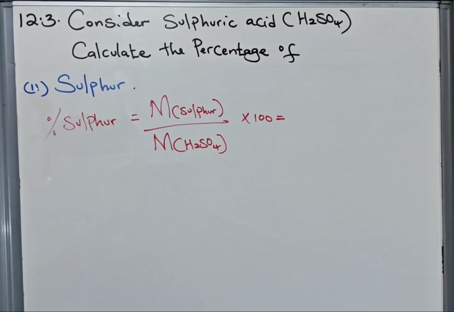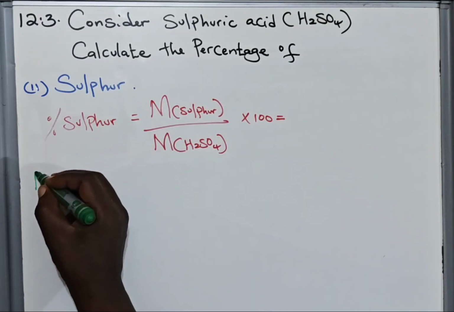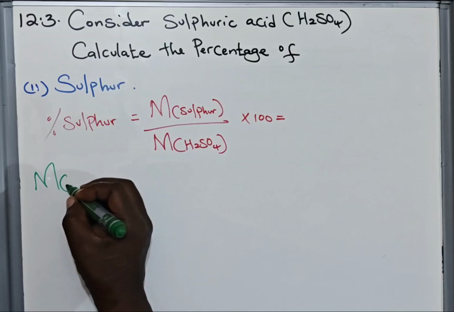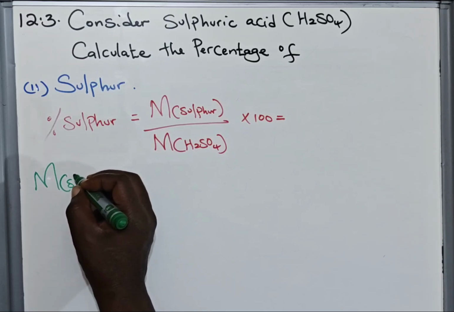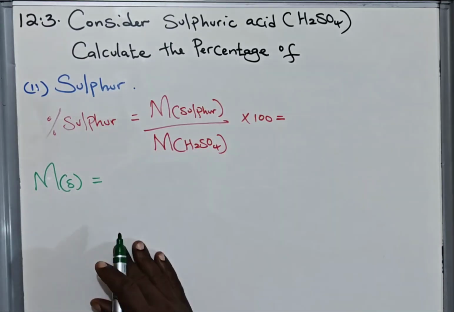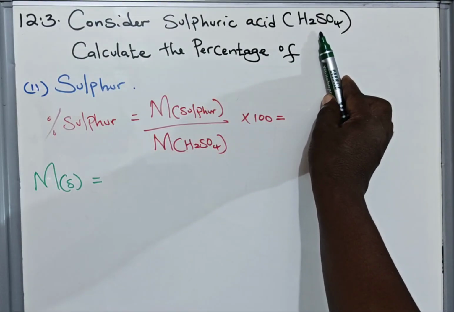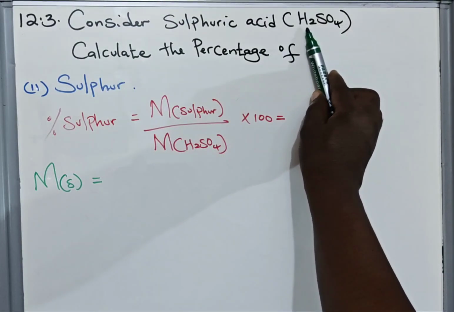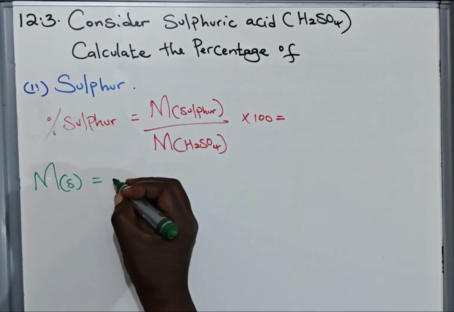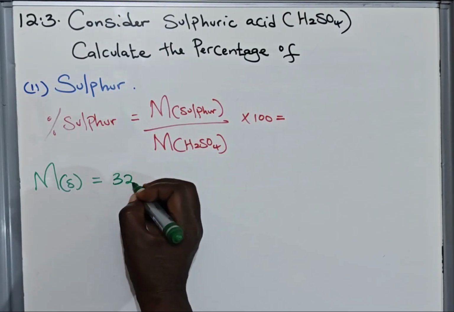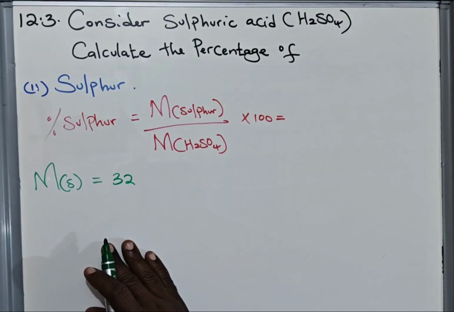Okay. The question is, what is the mass of sulfur? So in this case, we are looking at sulfuric acid, and sulfur is not multiplied by anything. So the answer is going to be 32. Okay.